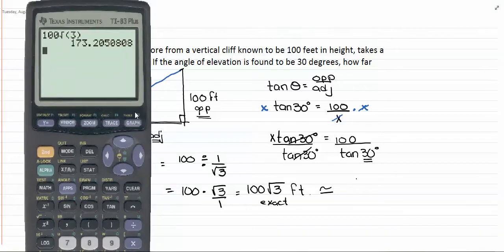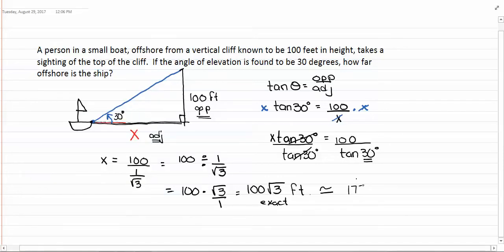Okay, so I get about 173 point, and then whatever decimal place they tell you to round to, so about 173.2 feet. So this would be the approximation, to the nearest tenth. Okay, that's 1 decimal place.